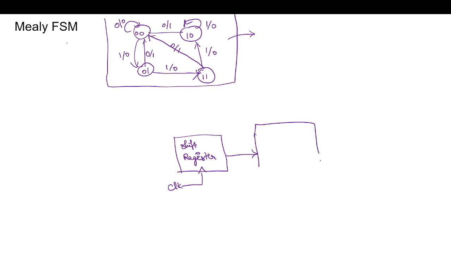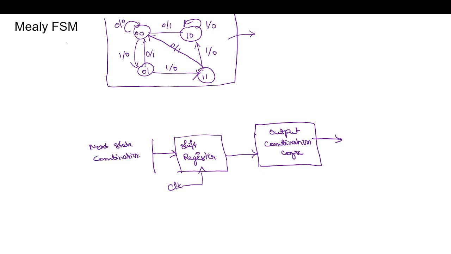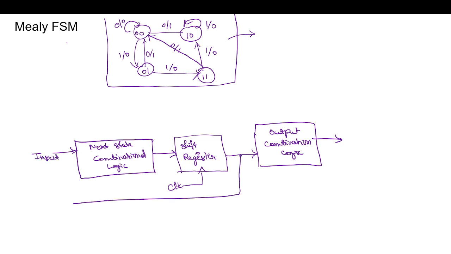From this we will obtain the final output. This will have some combinational logic. And for the input, we will have some next state combinational logic. So to this we will have some inputs and then the memory element. This will be our Moore machine.